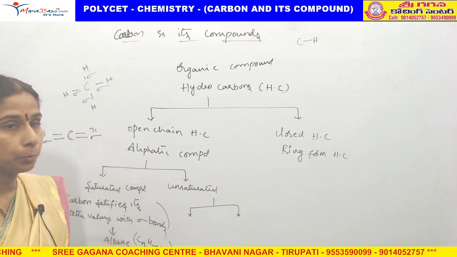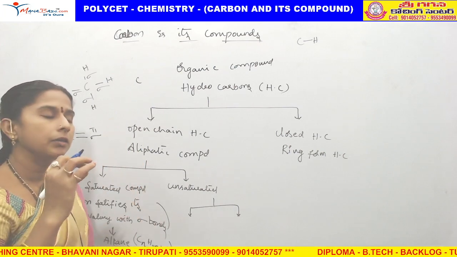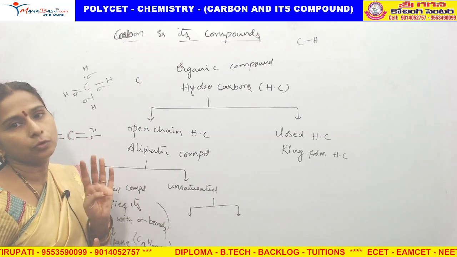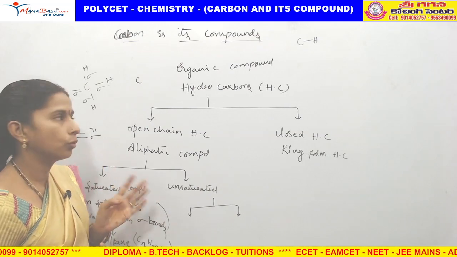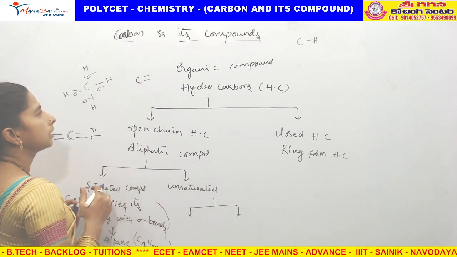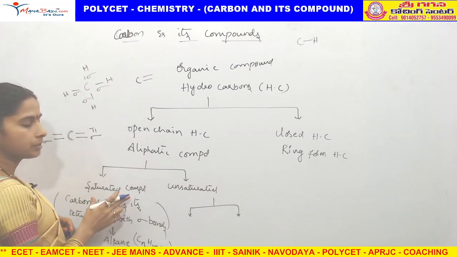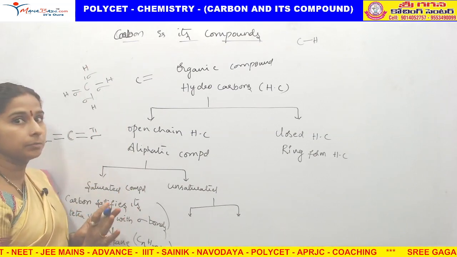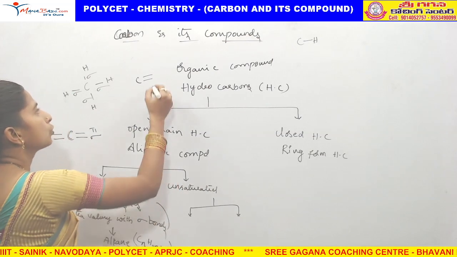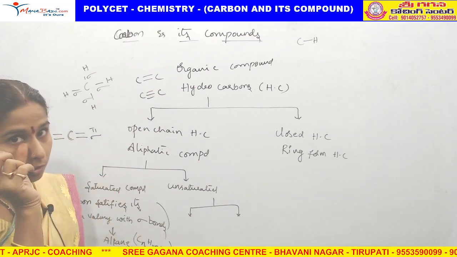In any compound, a carbon has to satisfy 4 valency, so 4 bonds are compulsory. If all are sigma bonds, that is saturated. Unsaturated means all are not sigma bonds, so there should be pi bonds. So pi bond means we have double bond also, triple bond also.